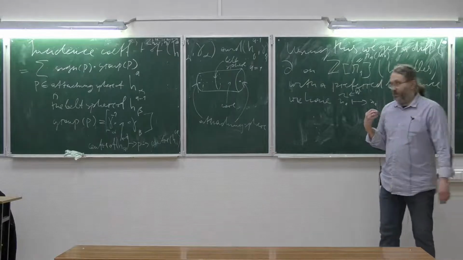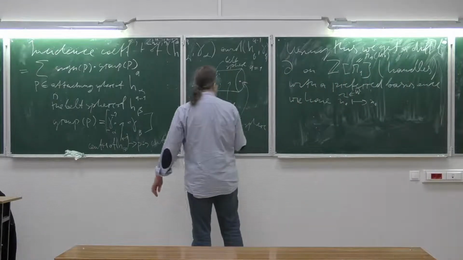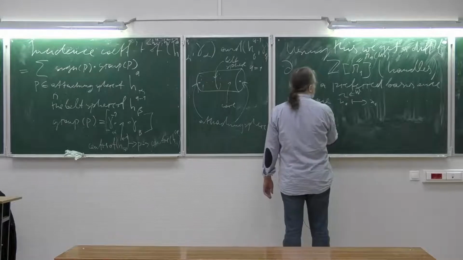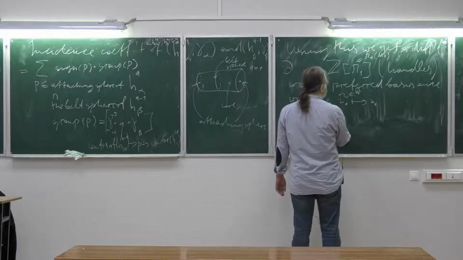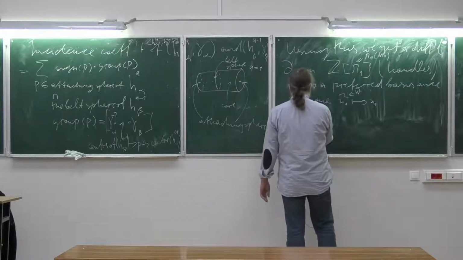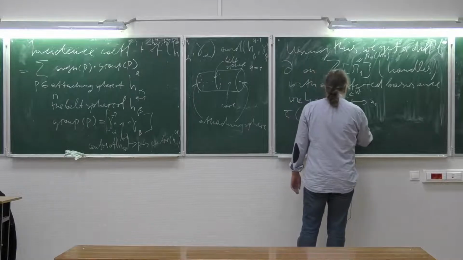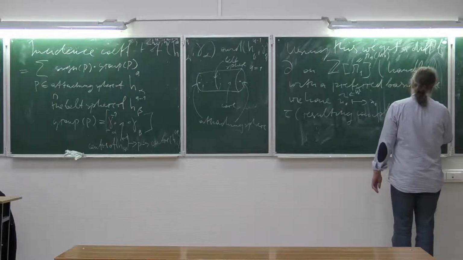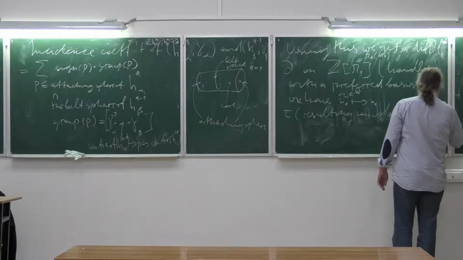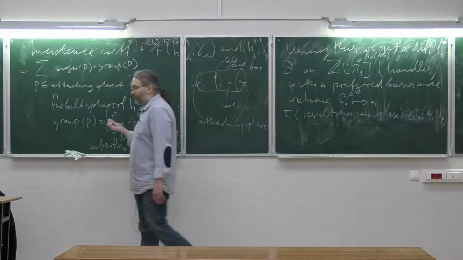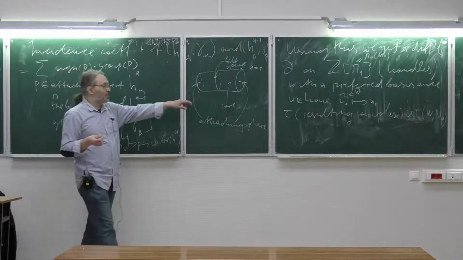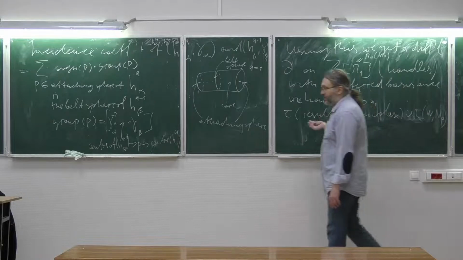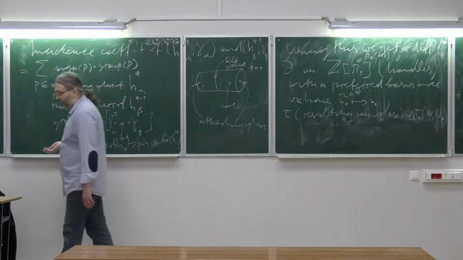Now we construct the torsion of this complex as we did last time, and this gives us an element of the Whitehead group.